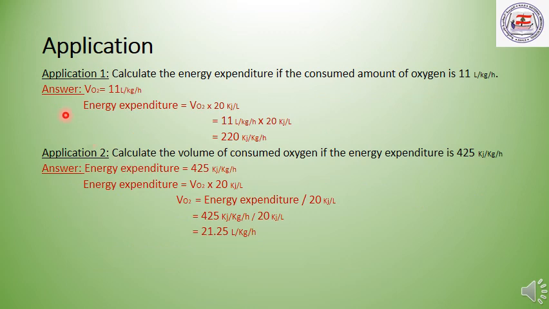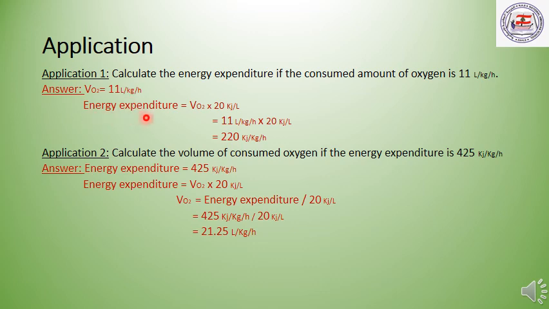To practice calculating the energy expenditure, application 1 is given. Calculate the energy expenditure if the consumed amount of oxygen is 11 liters per kilogram per hour. We just apply the formula that we just covered. The given is the volume of oxygen used, 11 liters per kilogram per hour.